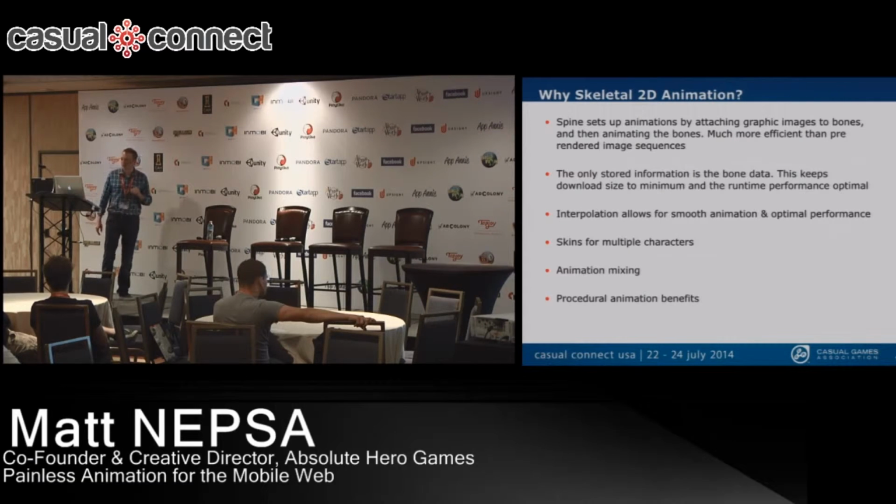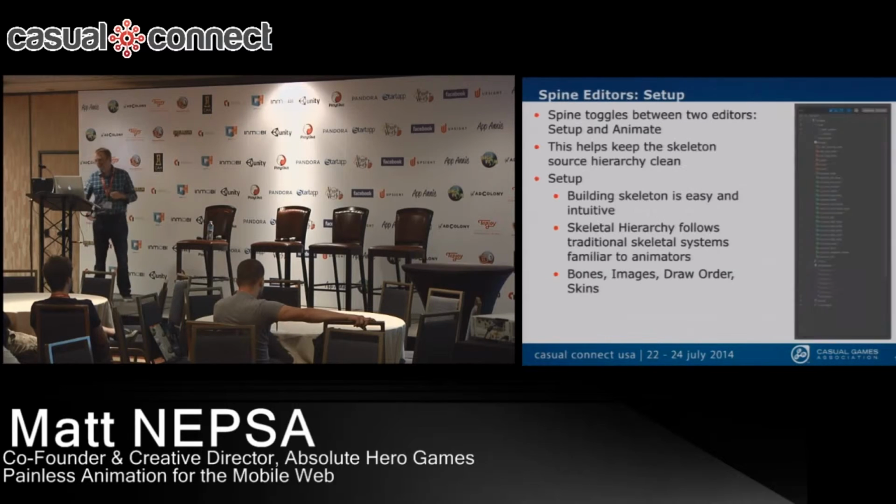So there's a lot of procedural animation benefits. You can have a character point and use the same animation, but based on character input, it can be in different locations without needing its own specific art assets to do that.